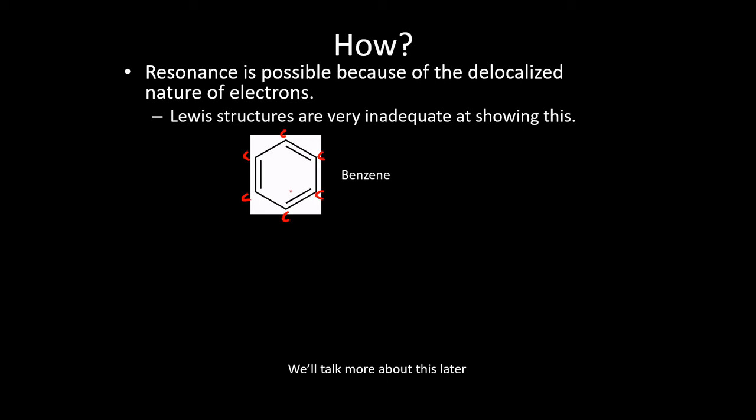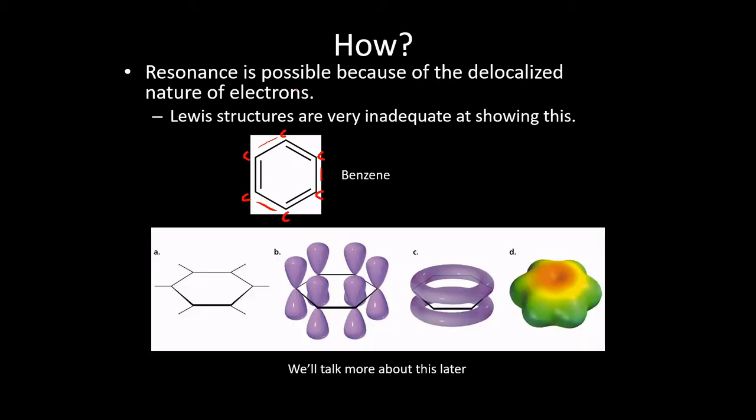So this is how the Lewis structure would work out. But in reality, why would there be double bonds between these and not double bonds between these? Why couldn't those be the double bonds and these be the single bonds? Well, there's no reason why they couldn't be. And so what we see in actuality is that the electrons in these double bonds don't exist held between these two carbons and held between these two carbons and held between these two carbons.